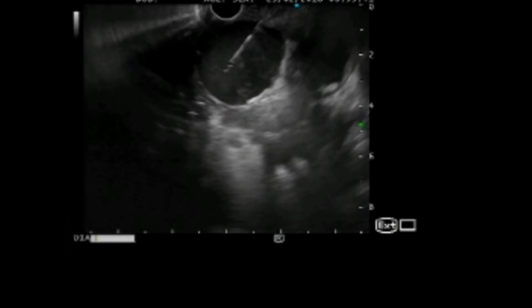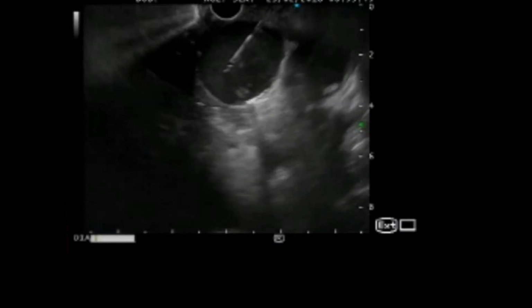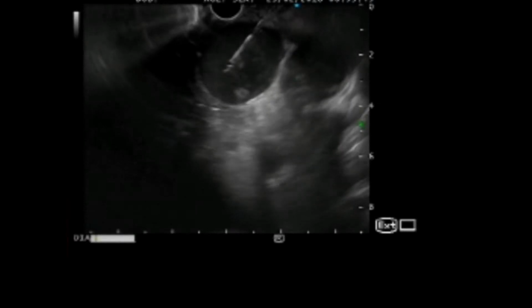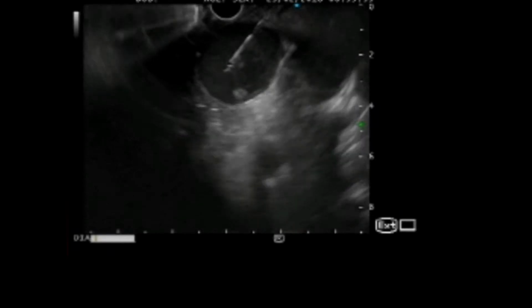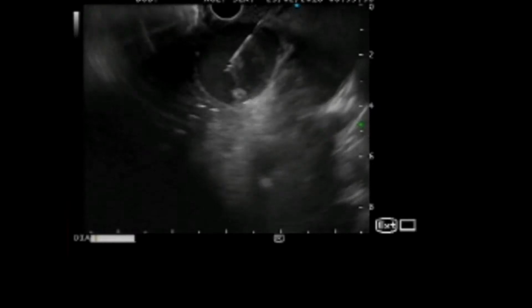Now I am applying the larger coil, which will form a loop diameter of 20 mm. Length is nearly 10 centimeter. The coil insertion technique is the same as we use in gastric varix.